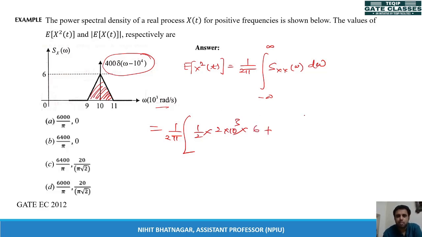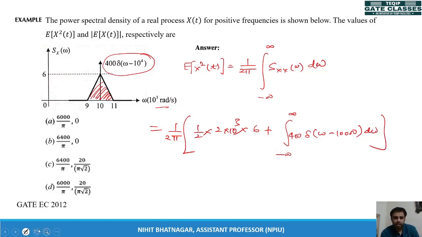And plus, I am taking as an integration from minus infinity to plus infinity of 100 times δ(ω minus 10,000). Now this 400 is common. It can come out of this integration, outside.